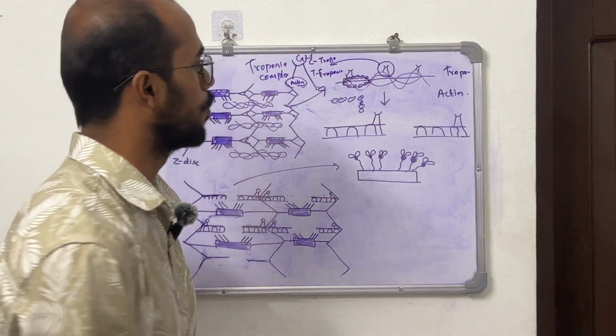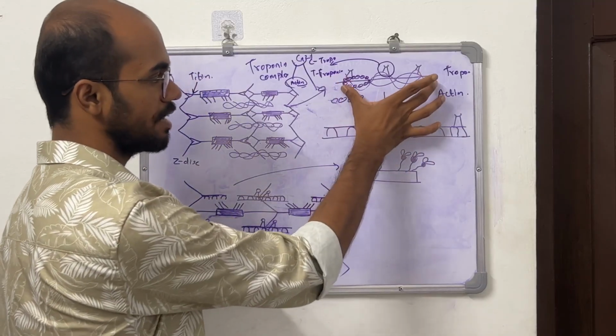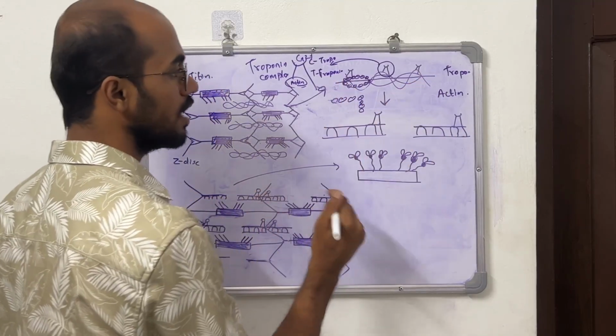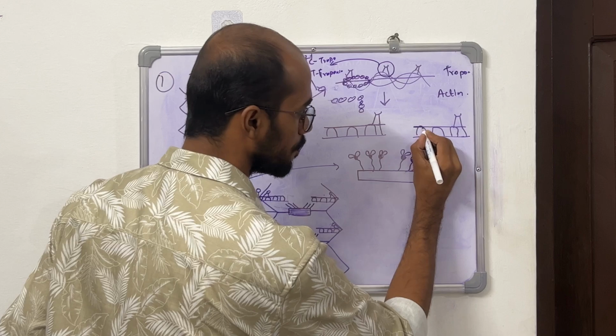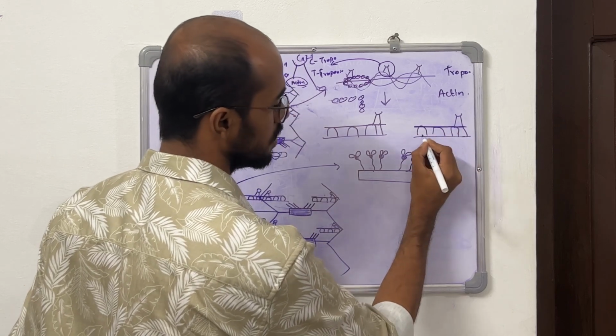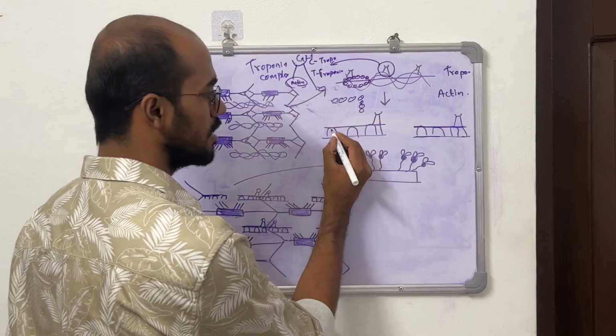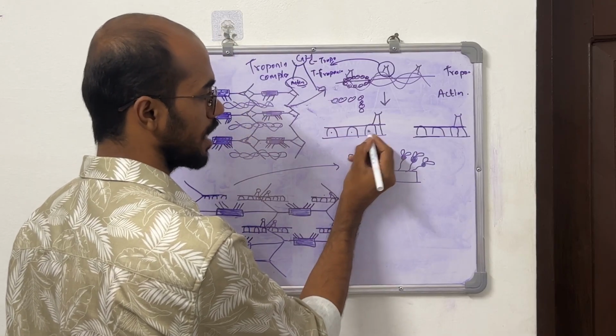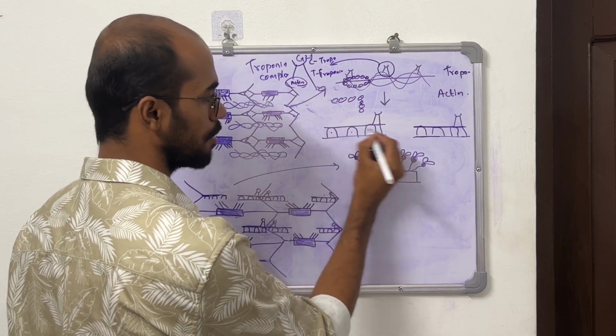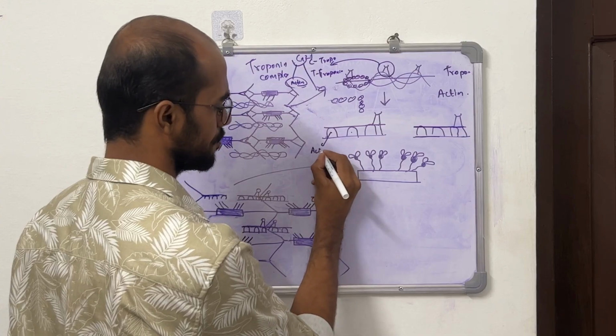Okay, now I have simplified this actin filament to this figure where I just show the actin filament, with these active sites. Okay, these crescent shaped structures are called the active sites.